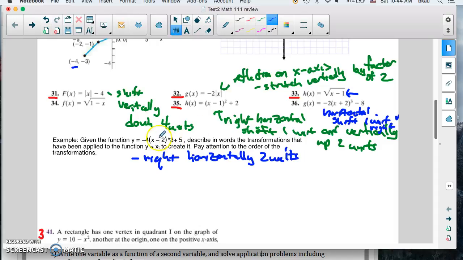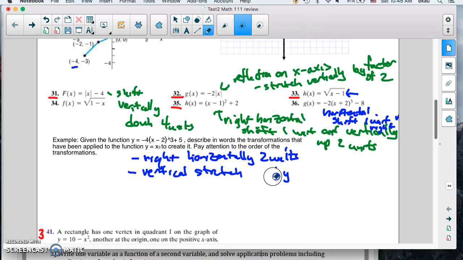The next thing that would happen to the x would be, it would be cubed, so that tells you what kind of graph it is, but then it would be a vertical stretch by a factor of 4 actually.